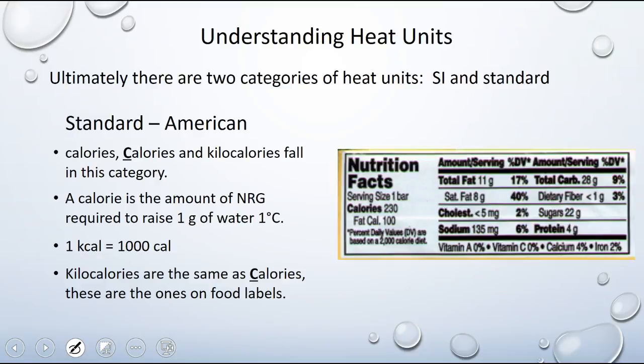So when we see a food label like this one on a candy bar, and we see that there are 230 calories, that means that there are 230 kilocalories, and that means that there are 230,000 little c calories, okay? That's what that means. So the calories that we count are actually kilocalories. That should help us make a little bit more sense of it.